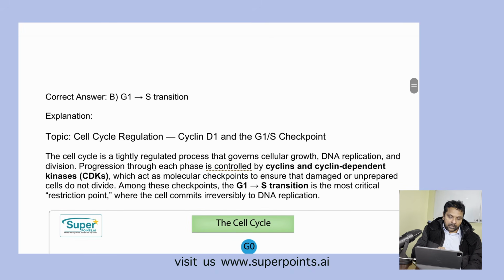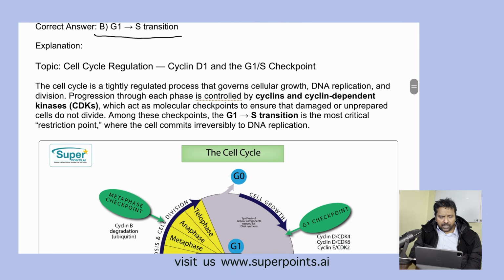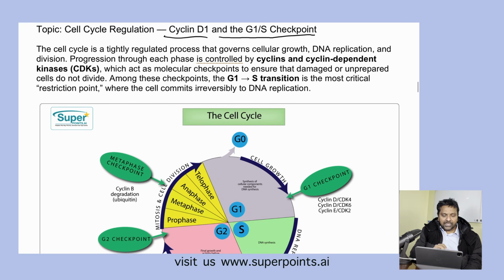So the best answer here is G1 to S transition. Alright. This is basically cell cycle regulation, cyclin D1 and the G1/S checkpoint. The cell cycle is a tightly regulated process that governs cellular growth, DNA replication and division.